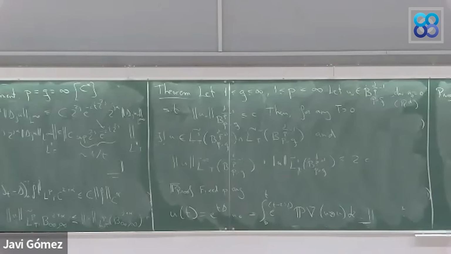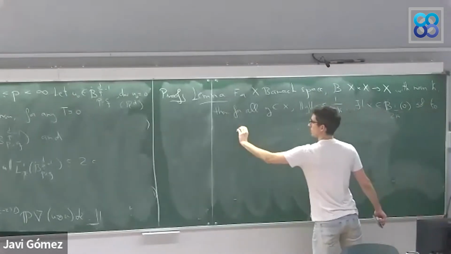for X some Banach space. Then we had a bilinear form going from X to X. Then for any y in X with a small norm, there exists a unique solution X to the fixed point equation given by.